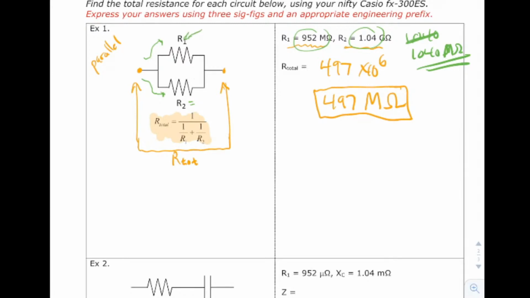It's now going to be easier to blow through this two resistor circuit than it was to blow through the one resistor circuit. So having two resistors in parallel means the total resistance is less than either of them.